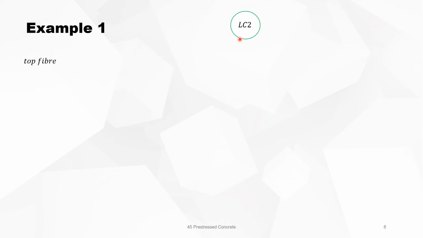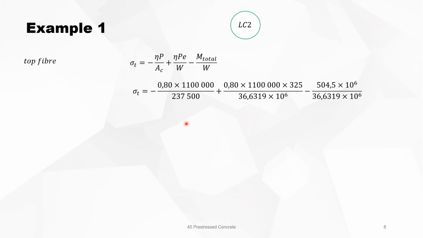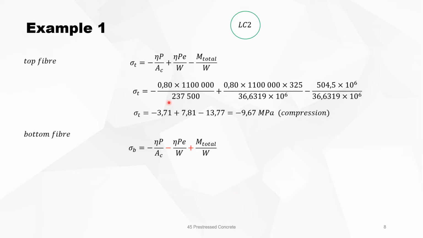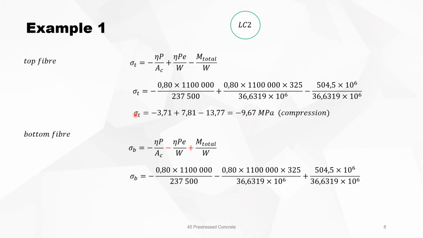For load case 2, long term, the top fiber is given by this equation. And it gives us almost 10 megapascal in compression, and for the bottom fiber, again we switch sign, it equals now 2.25 megapascal, which is in tension.